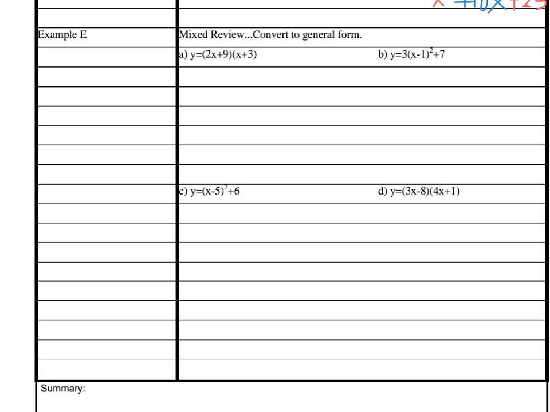Alright, the directions say to convert to general form, I'm going to expand as always the first step. I draw my box, and on my box I have 2x plus 9 and x plus 3. And so then 2x times x is 2x squared. X times 9 is 9x. 2 times 3 is 6 with the x.